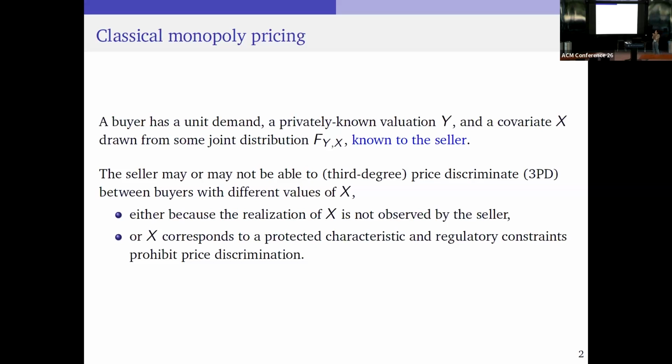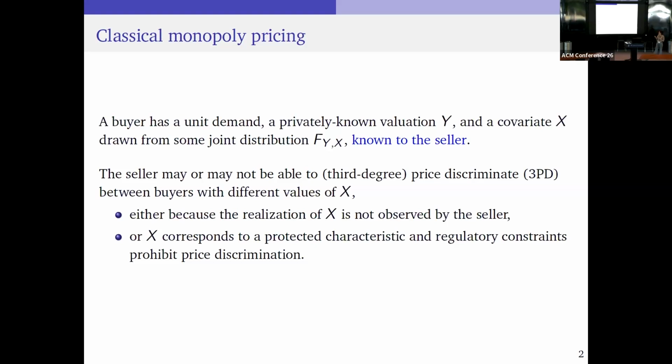The setup is very simple. A buyer has unit demand, with a privately known valuation, and a covariate X. The seller does not know the valuation, but does observe the joint distribution of F and F by X. Depending on the setting, the seller might not be able to price discriminate.